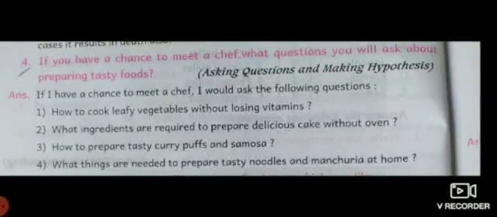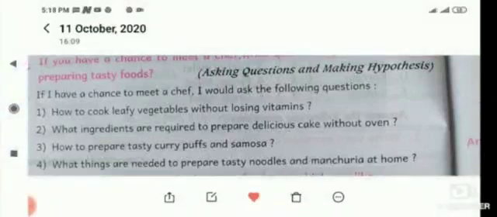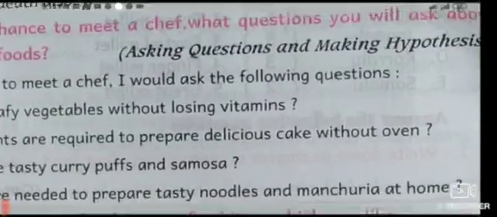And also you can ask other questions like, what ingredients are required to prepare a delicious cake without an oven? For this, you have it given in your study material, page number 20, it is 11th question. There you can see.